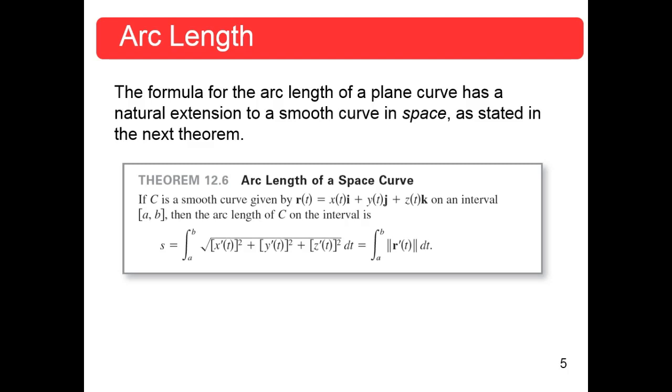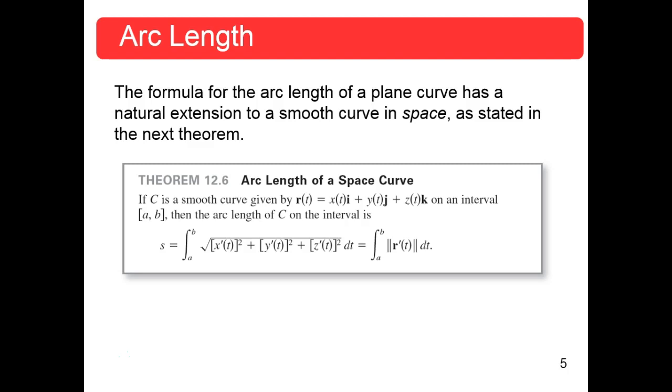S for a space curve now has the same limits, t going from A to B, of the square root of x prime squared plus y prime squared plus z prime squared, which would be exactly the integral from A to B of the magnitude of r prime of t dt.